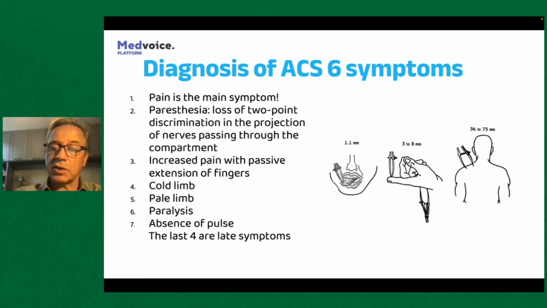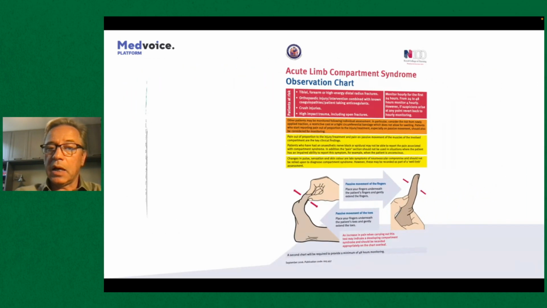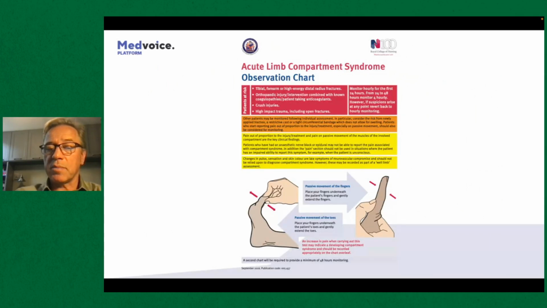But remember, these last ones are late symptoms. So we should be looking at pain, paresthesia, and increased pain with passive extension of fingers. This is the observation chart. This is what I mean by passive extension of fingers. And it's observation that makes the diagnosis of compartment syndrome quicker.